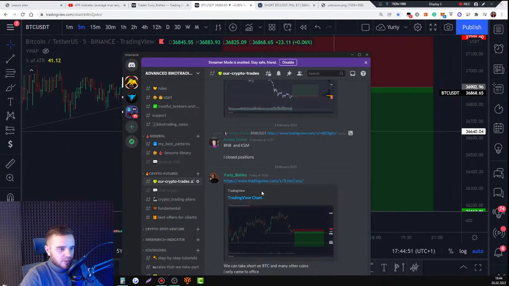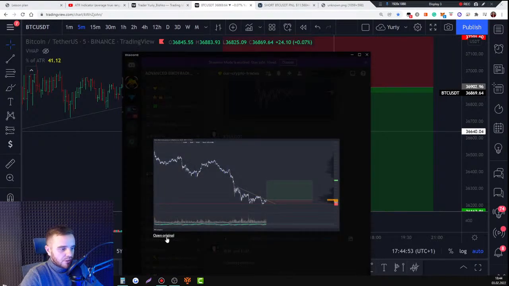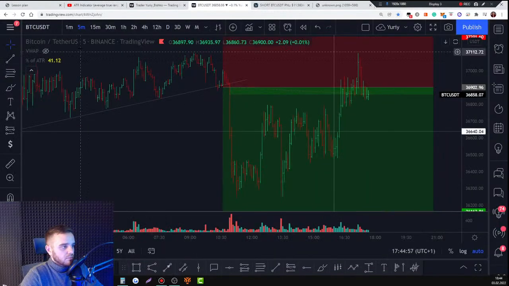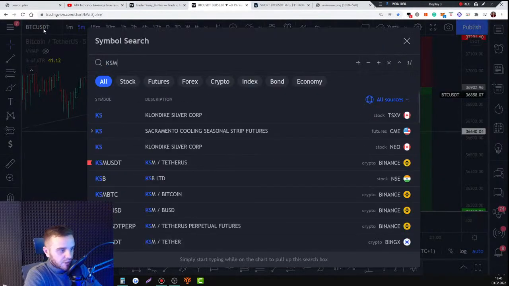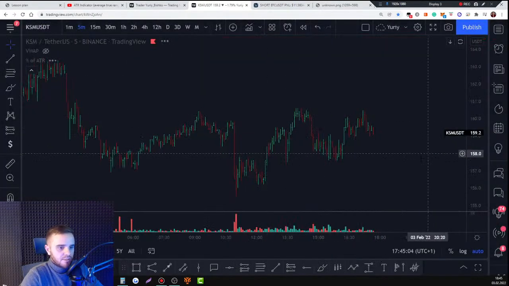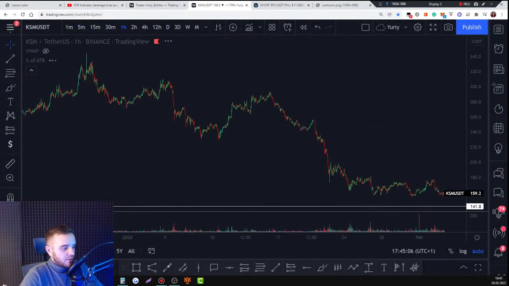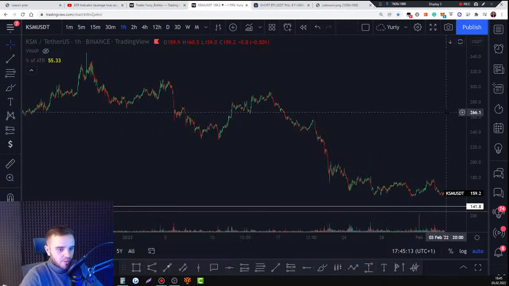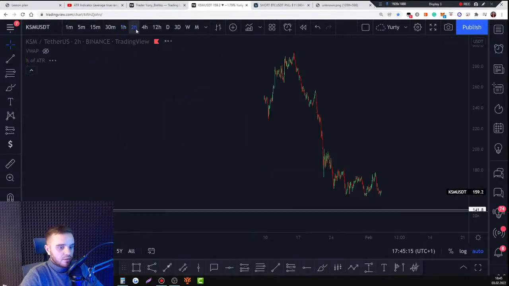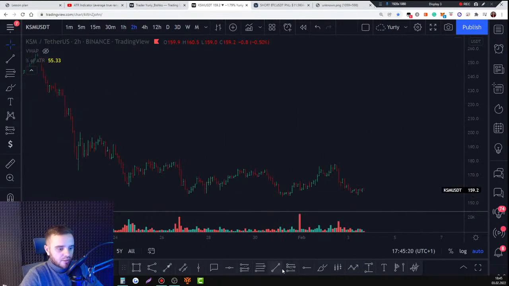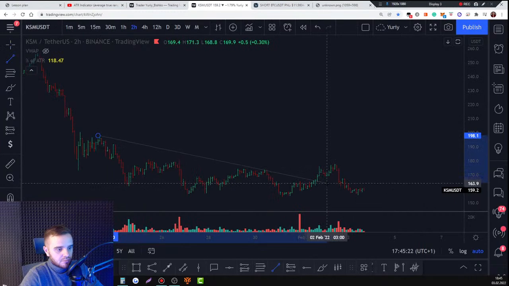When we take a trade, let's open some example of a trade that we took in the community. Let's do KSM. This trade that we took in the community, it would be even much better because it is another instrument, KSM. My partner sent his trade 2 days ago about KSM. He took a long, and that trade was exactly here.